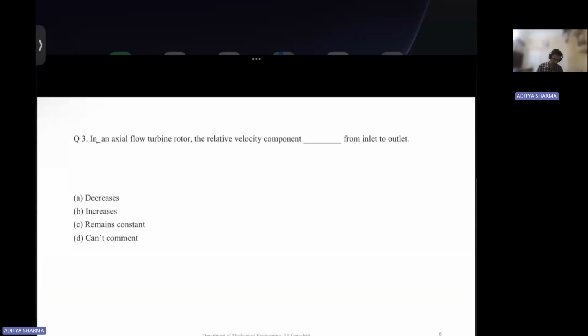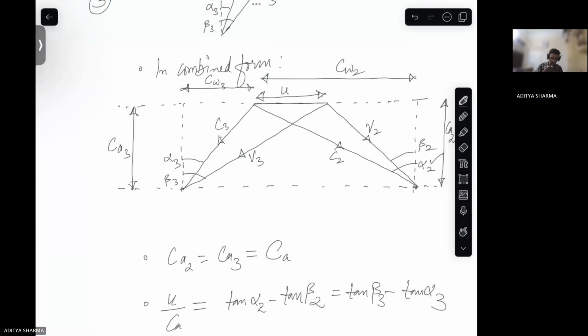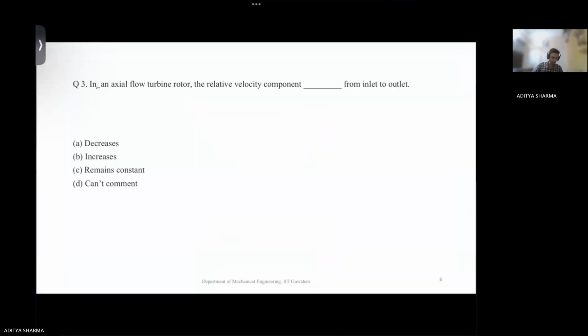Whether it decreases or increases, what happens? V is your relative velocity component. If we see the diagram, your relative velocity component increases from inlet to outlet.